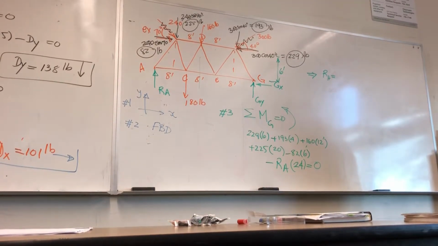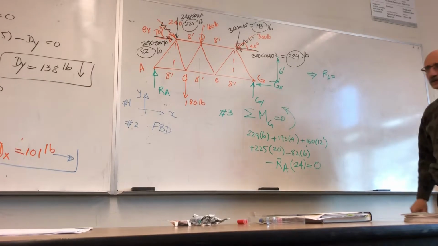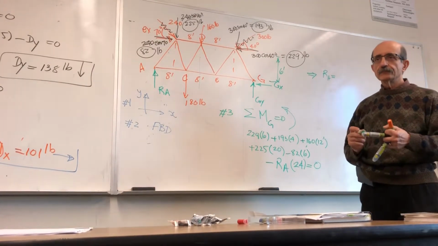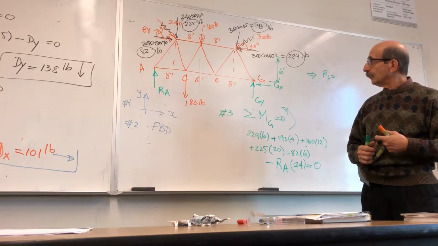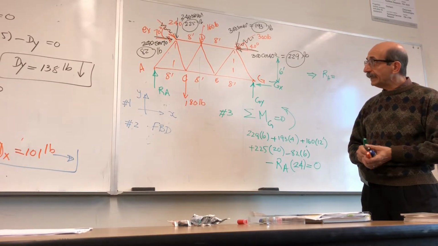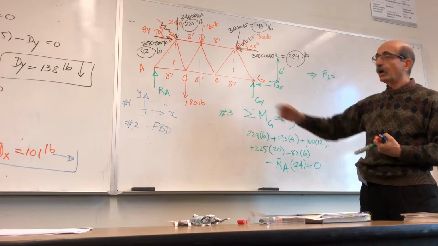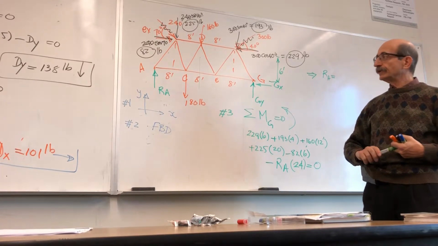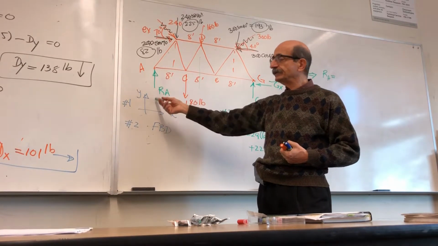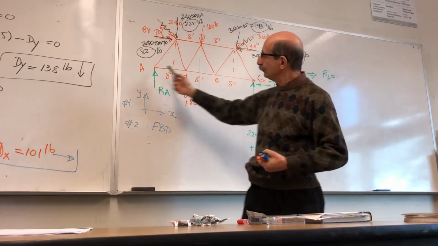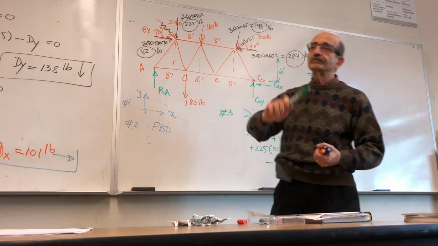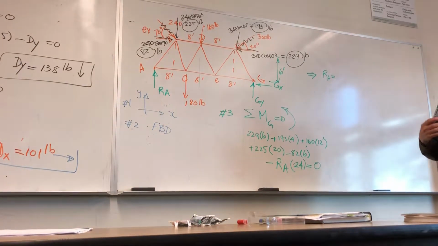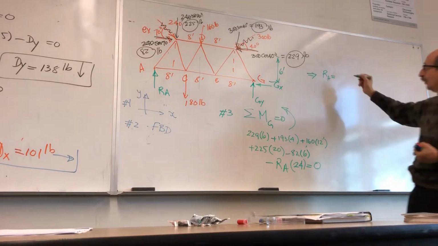Did you already find RA? I calculated it based on the moment at A. Moment at A, that'll give you GY. If you take summation of moments at A, you're eliminating this unknown, and this goes through that, so you'll be finding this guy. 336.4, how much?